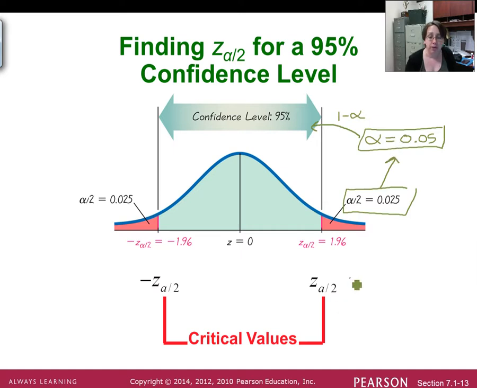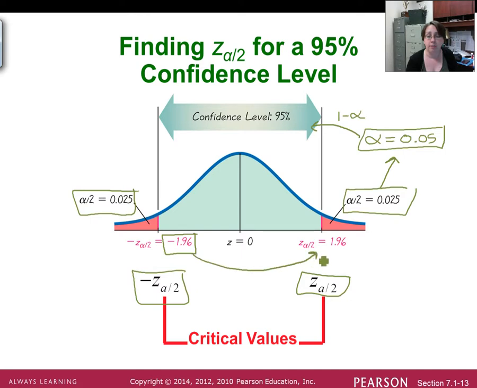So, critical values associated with this level of confidence, well, you would look up in your table the area to the left. So you could look up the left tail if you wanted to, and you would get the left end critical value. Notice it's a negative. The right end critical value is simply the positive version of that. So this is what you would look up in the table.